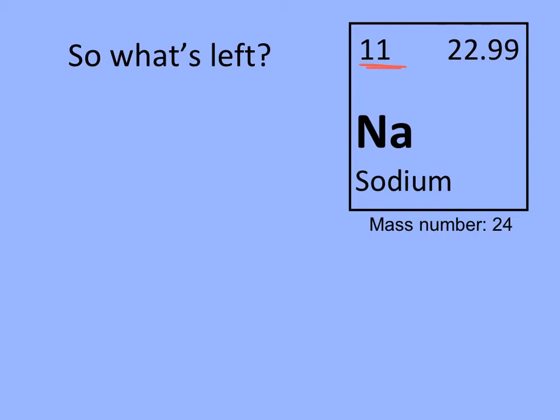But what's left? We need to know how many neutrons there are. In order to figure that out, we've got to do a little bit of calculation. Okay, and it's a pretty simple idea. We take the mass number and we subtract the atomic number, and that will give us the number of neutrons.